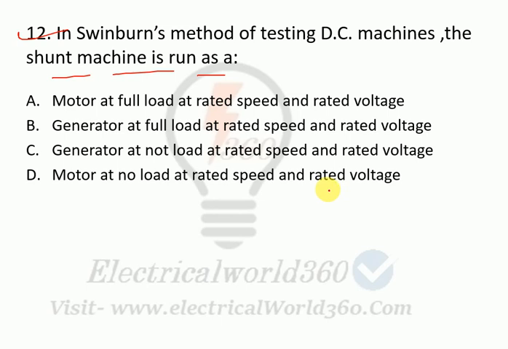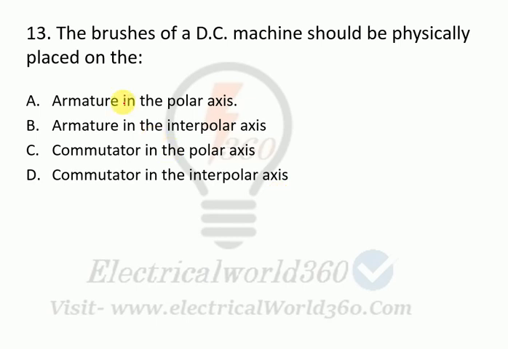So option D is the right answer. In the Swinburne method, the shunt machine is run as a motor at no load at rated speed and rated voltage.